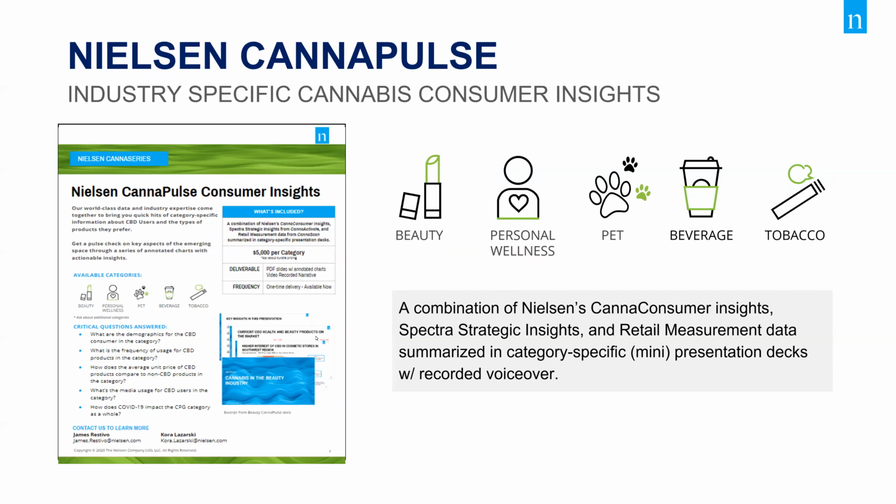If you're interested in beauty, personal wellness, pet, beverage, or tobacco, we put together mini presentations that focus on these different areas. What I really love about them is they combine a lot of the great Nielsen data with the great Headset data and weave it into how cannabis is selling in the regulated channel for these different categories.